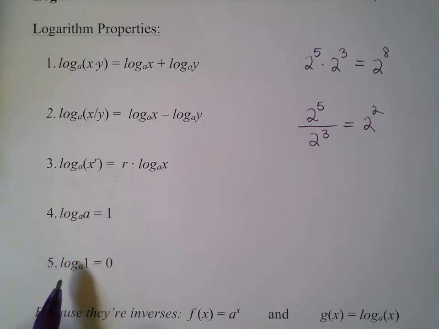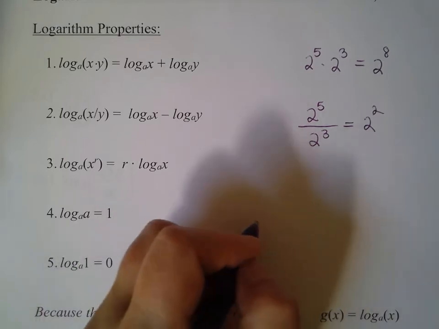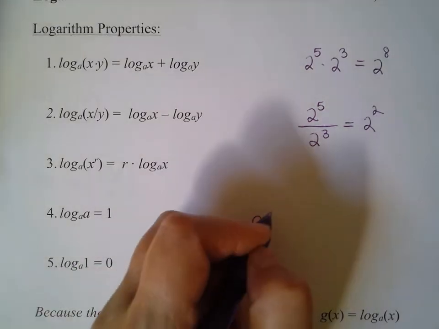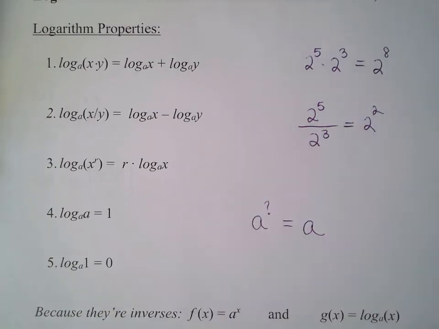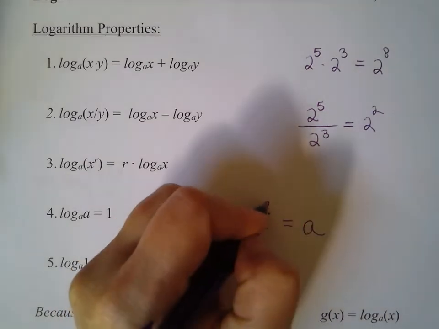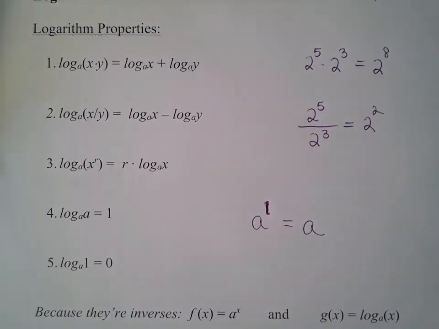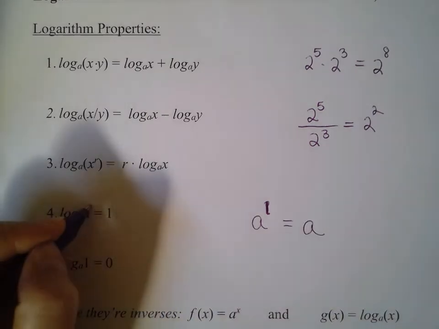Okay, 4 and 5 I think are pretty intuitive. You could use the idea of conversion here if you wanted to. A is my base. What exponent must I raise it to get A again? A to the 1st power, right? That's the idea here, and also this is that canceling idea.